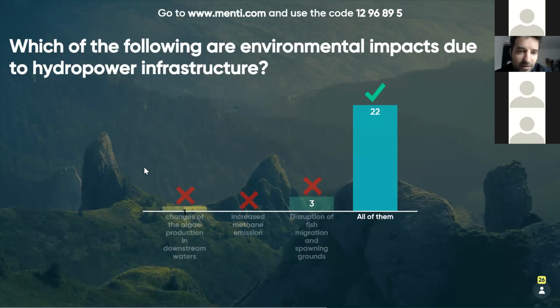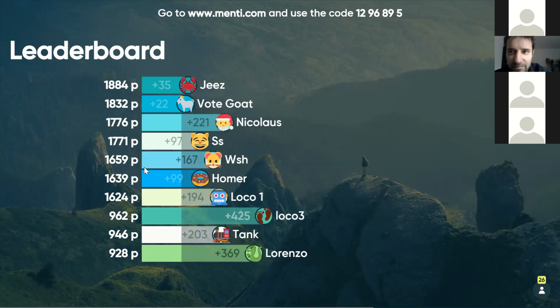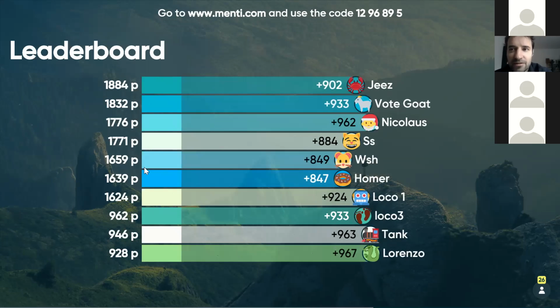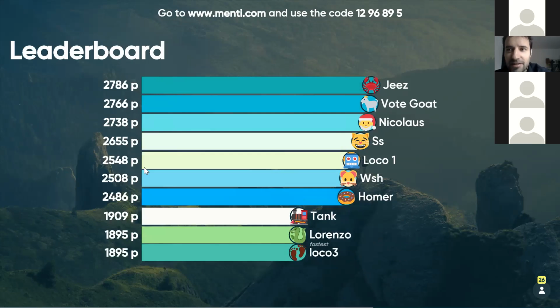Like shown in the case study, the change of the algae production is an impact because of the turbidity that changes the light availability. If you create new flooded areas, you can create methane in the new lakes, and this can be an emission.